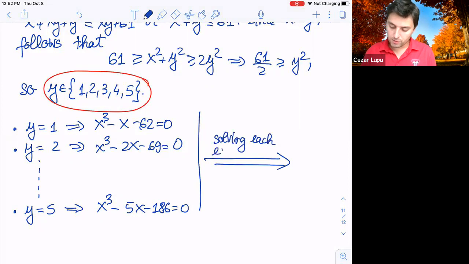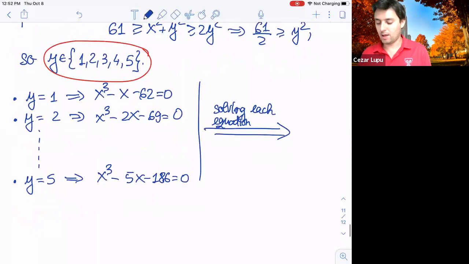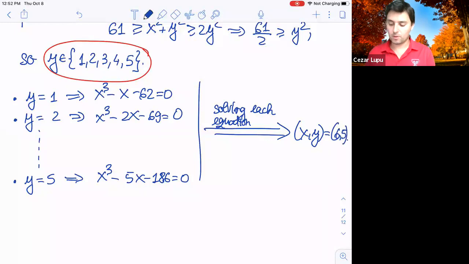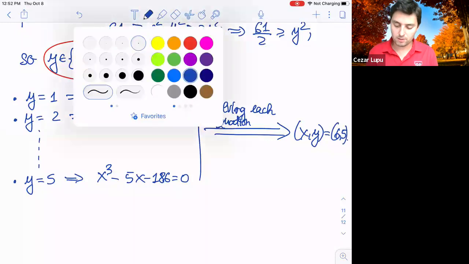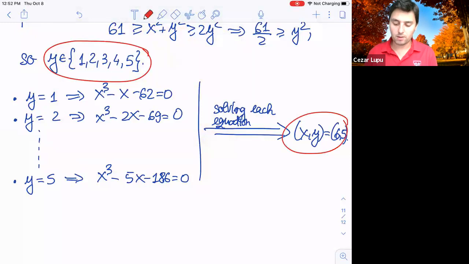Solving each equation will give us that the only solutions we have are 6 and 5. Okay, so that's how we solve this by using inequalities.